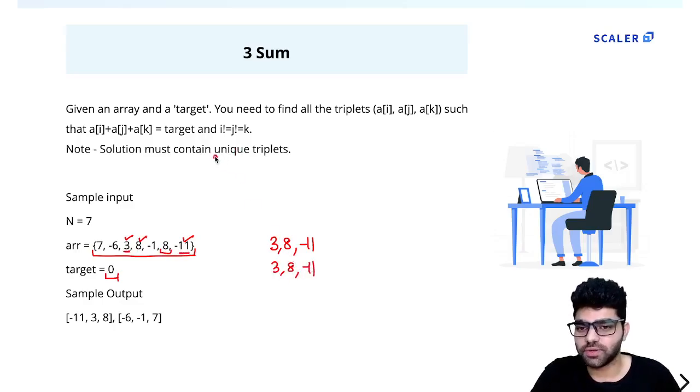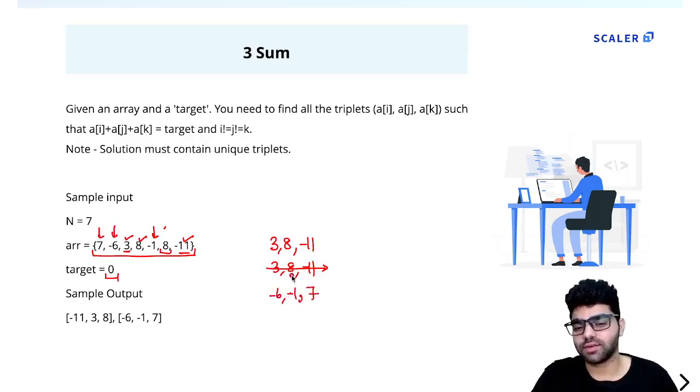No, because we need to consider only unique triplets. It is nothing but a repetition of an already considered triplet, so I need to avoid this. After this I have one more triplet, minus 6, minus 1 and 7. The sum of this triplet is again 0. That is why in this case we only have two answers.